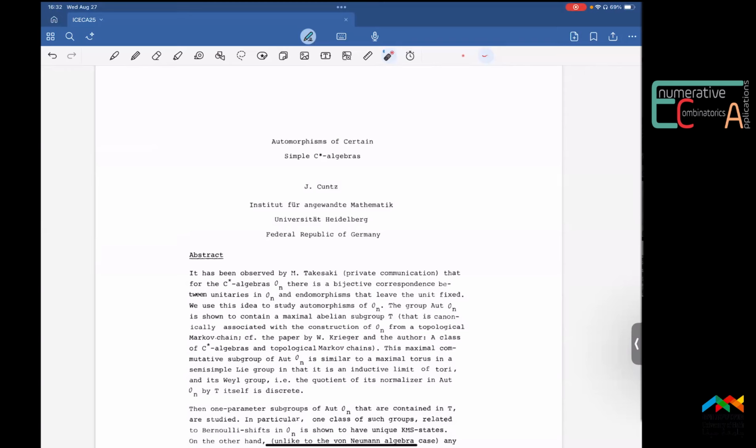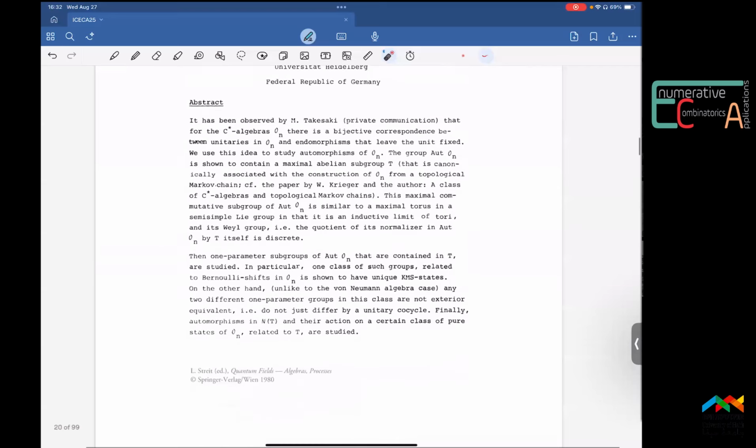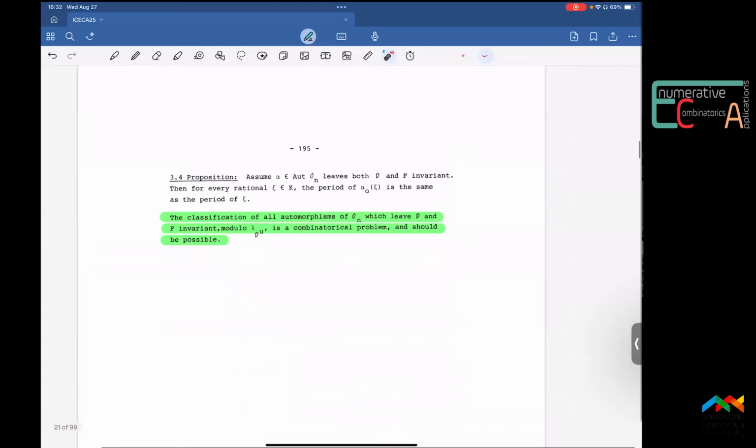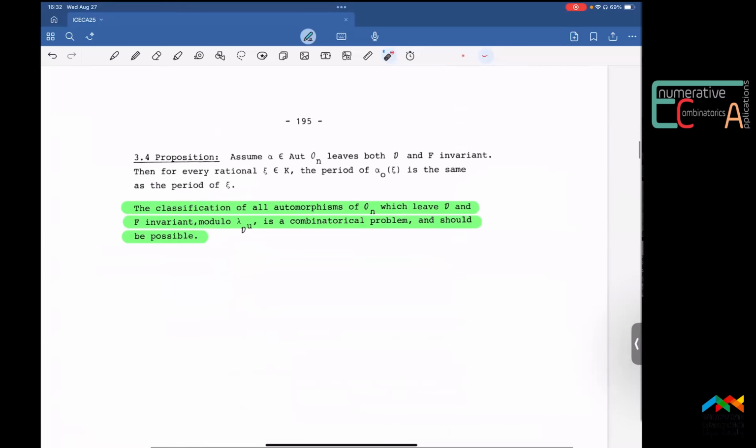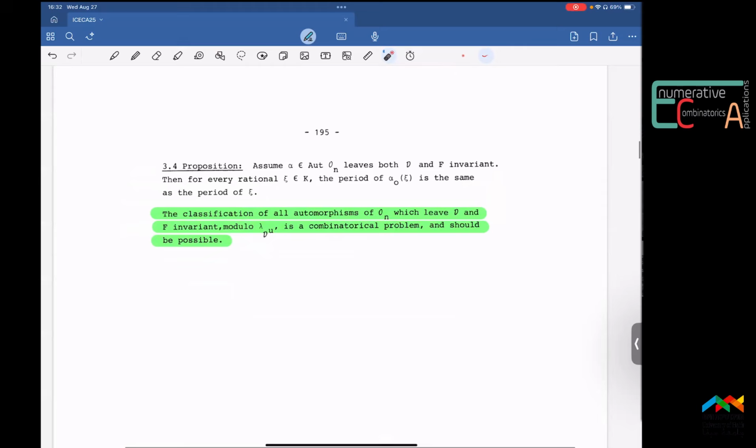But here is this mathematician coming from a completely different area, coming from operator algebras. And at the end of this short paper, he says, the classification of all automorphisms, blah, blah, blah, is a combinatorial problem and should be possible. So I really give credit to the guy who, coming from a completely different area of mathematics, really recognized this as a combinatorial problem.